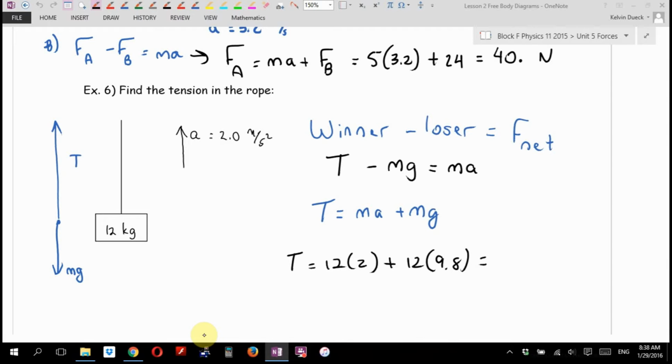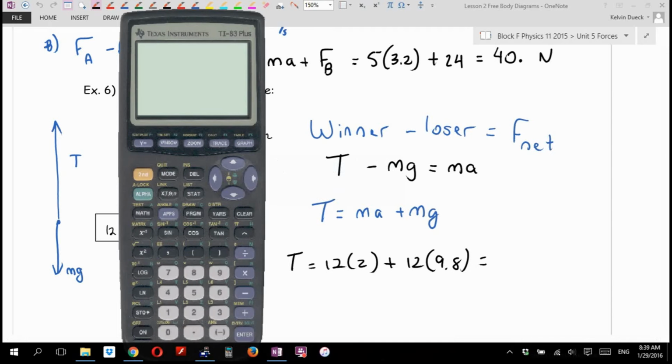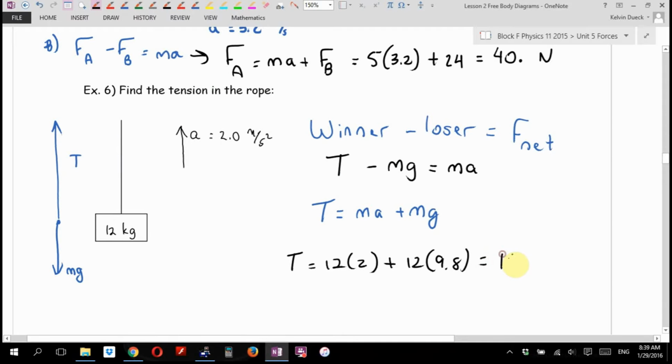Am I close? 41 point. Forgot to carry the 1. 141.6. So I'll go to 3 sig figs. I'll say 142 newtons, but I would take 141.6. And it's a force, so sorry, I should have paused and I said it's a force, units, and you all would have said newtons. Okay.